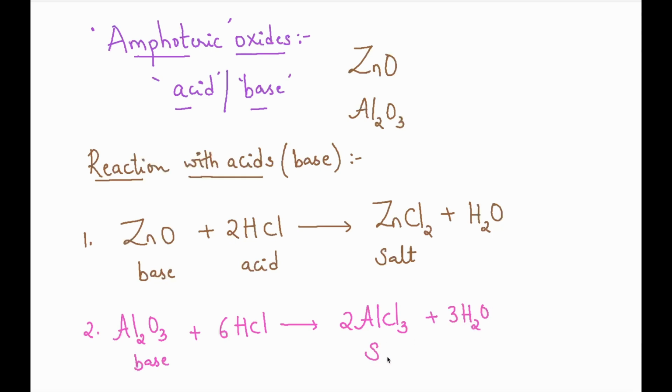Aluminium chloride is a salt and HCl is the acid. Again, this is a neutralization reaction because it forms a salt and water. So here we have seen the basic property of these two oxides, zinc oxide and aluminium oxide.